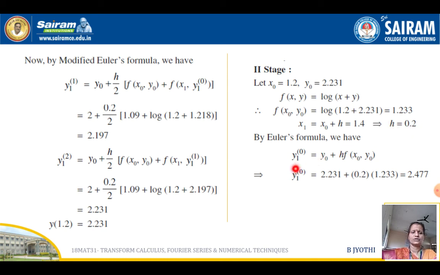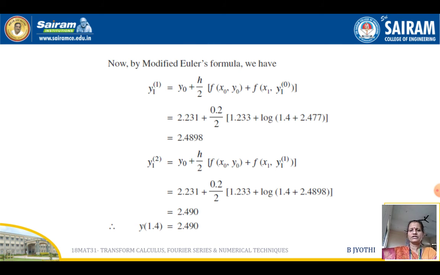So by using the Euler's formula, y1 of 0 is given by y naught plus h into f of x naught y naught, that is y naught is 2.231 plus h is 0.2 and f of x naught y naught we have obtained is 1.233. On simplification we are getting 2.477.